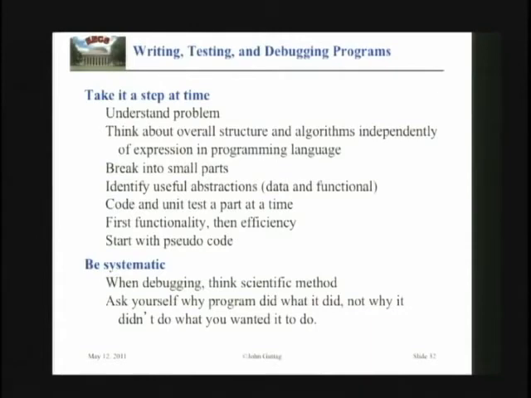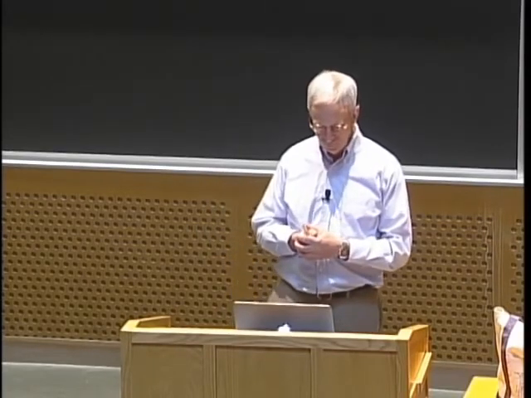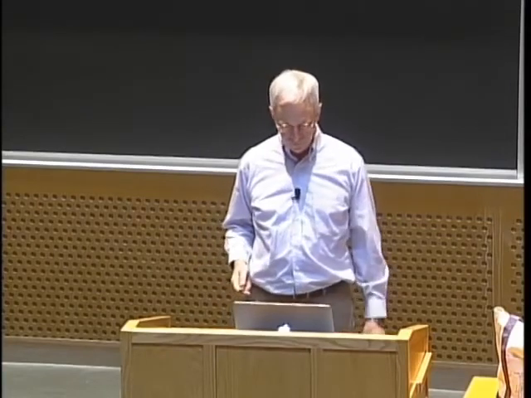Always break the problem into small parts, identify useful abstractions, code and test each unit independently. Worry about functionality first. Get it to work, get it to give you the right answer, and then worry about making it do that more quickly. But separate those things. Start with some pseudocode.